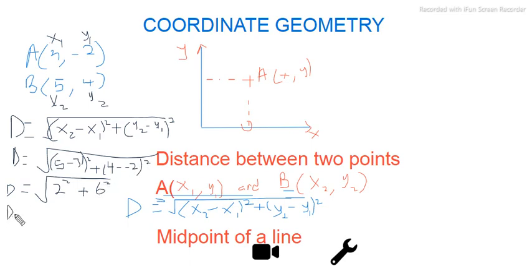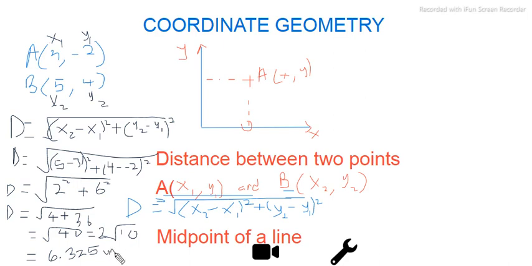Then we are going to have the square root of 4 plus 36, and this will give us the square root of 40. If we change this to surd form, this will be 2 root 10. But if you want to put it in decimal, if you press it on the calculator, you have 6.325 units. So that is the distance between the 2 points.